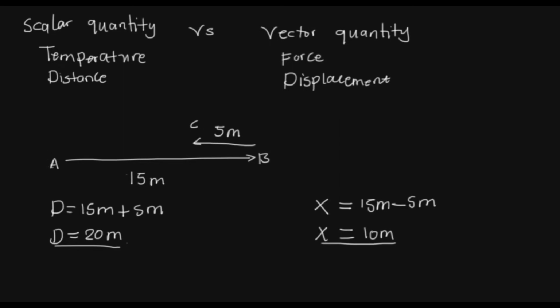Our initial is A, then our final is C. So for displacement, we just consider the distance from the initial up to the final. Then for distance, we need to consider each part that was covered.